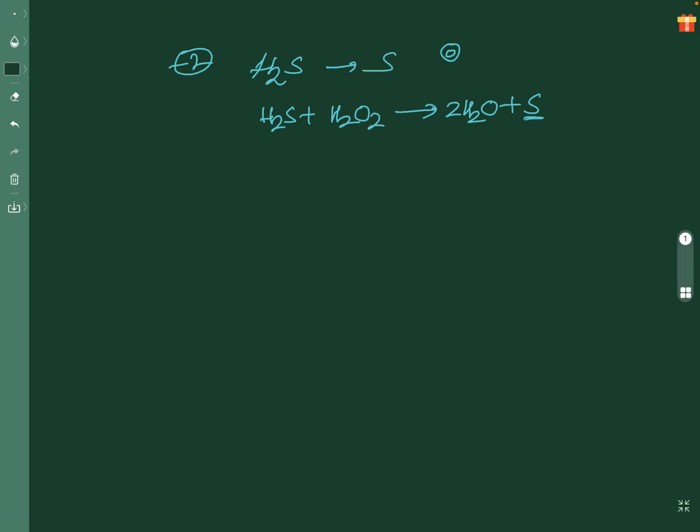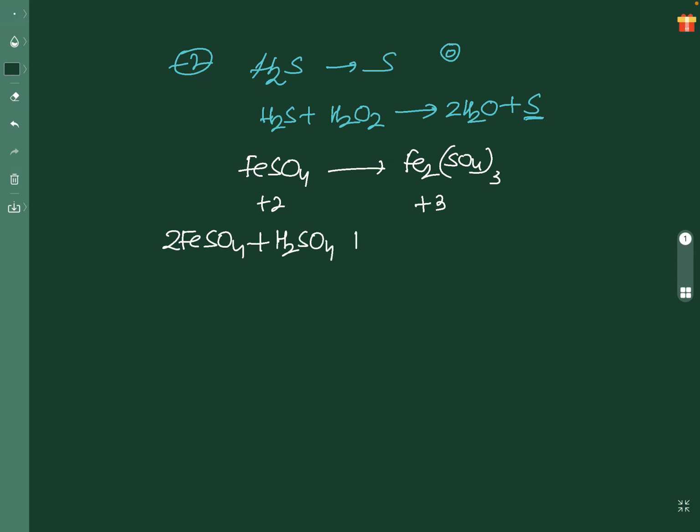Then ferrous sulfate is oxidized to ferric sulfate. FeSO4, ferrous sulfate, is oxidized to Fe2(SO4)3, ferric sulfate, where the oxidation state of iron changes from +2 to +3. The reaction will be 2FeSO4 plus H2SO4 plus H2O2 gives Fe2(SO4)3, ferric sulfate, plus water.